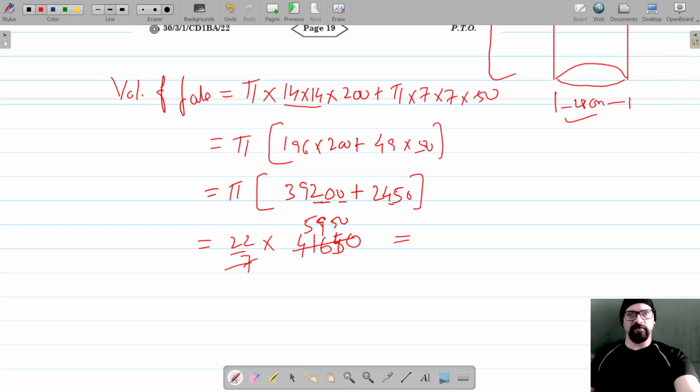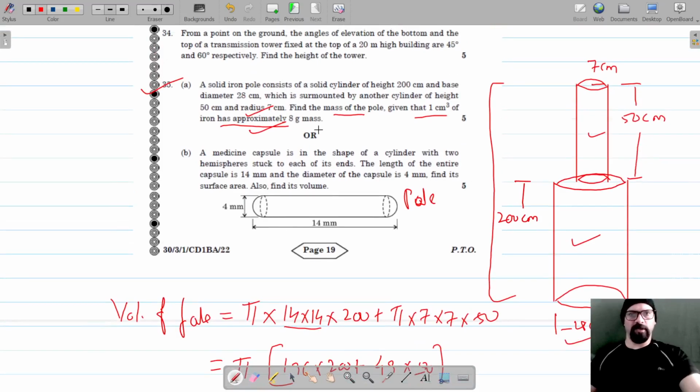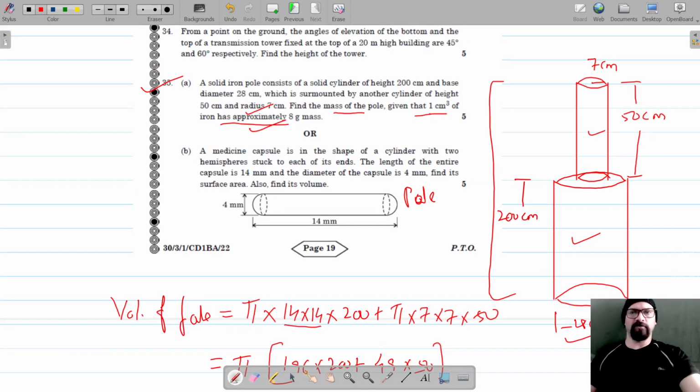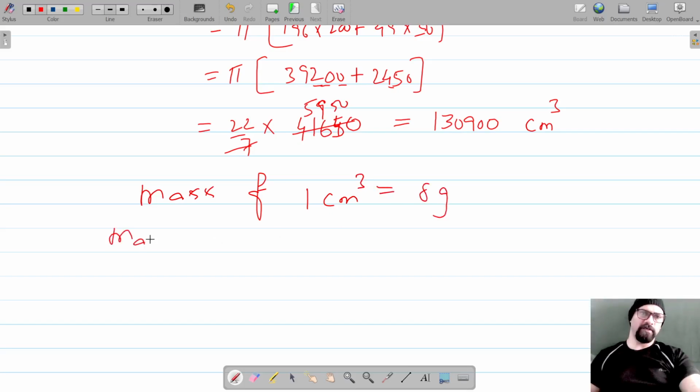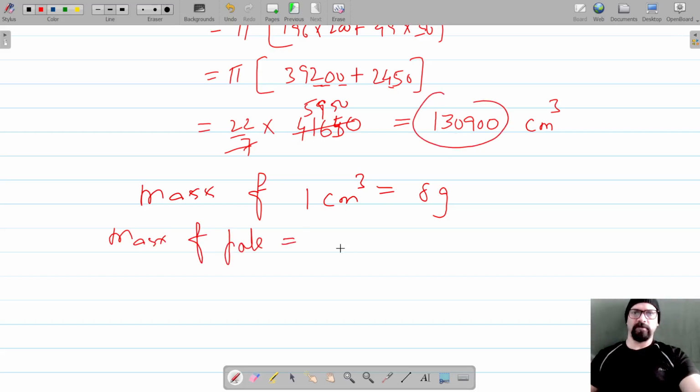So 130,900 centimeter cube is the volume of the pole. Okay, so we have got the volume, and now it's given that mass of 1 centimeter cube is 8 gram. So we have to find the mass of the pole whose volume is 130,900 into 8.